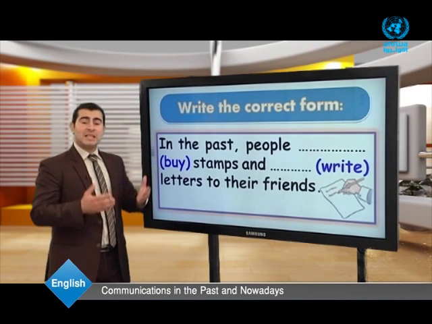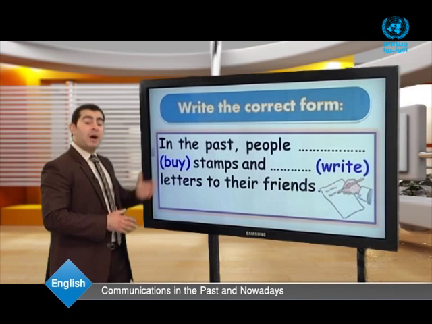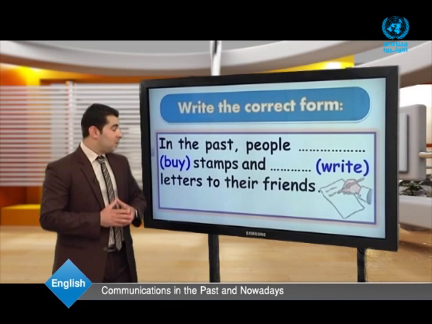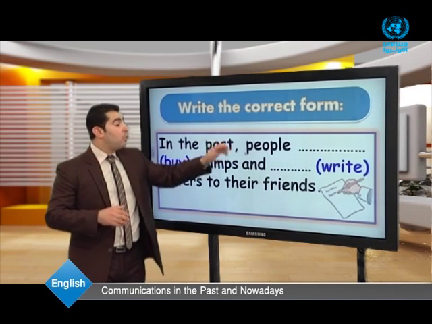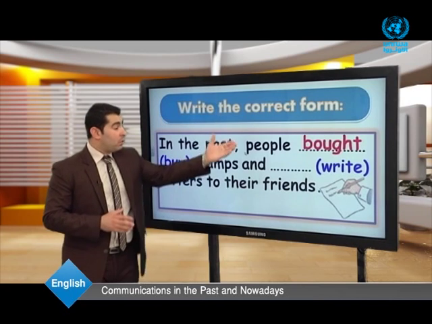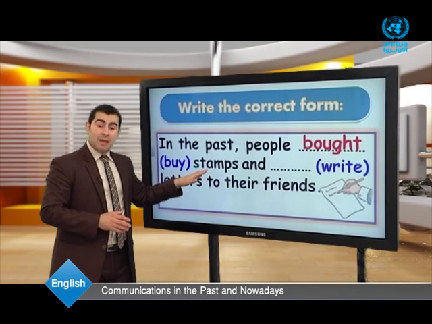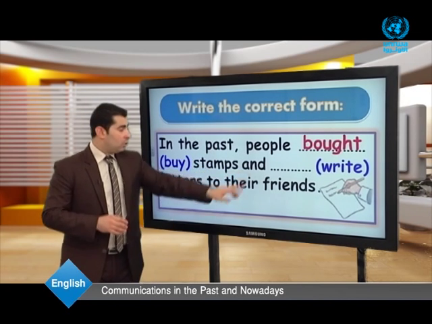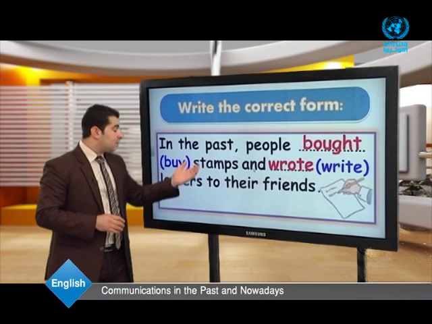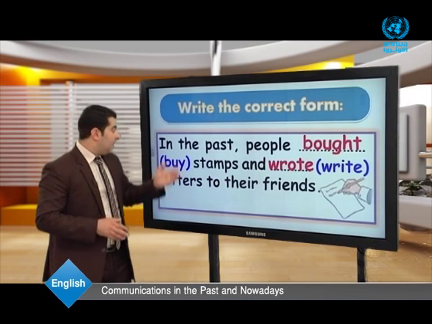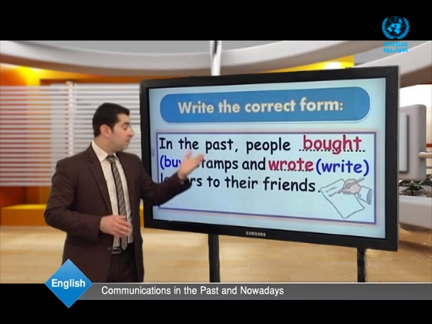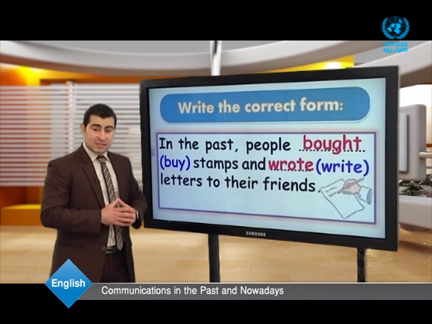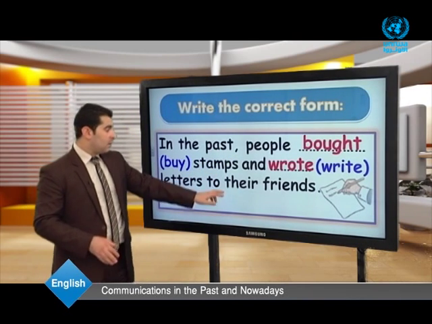What is the second form of the verb buy? You will say, in the past, people bought. Buy, bought. Bought stamps and wrote letters to their friends. In the past, people bought stamps and wrote letters to their friends.